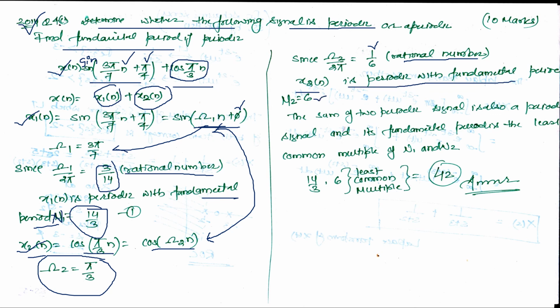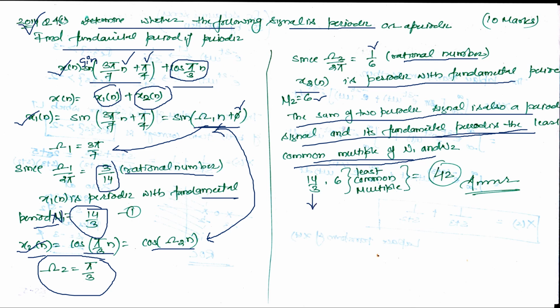You need to understand that the summation of two periodic signals leads to another periodic signal, and the fundamental period in that case is the least common multiple of the individual periods. Please read this statement. So what are the fundamental periods for these two signals?